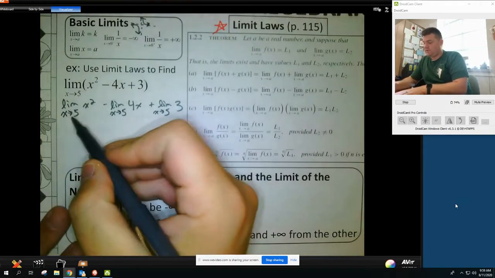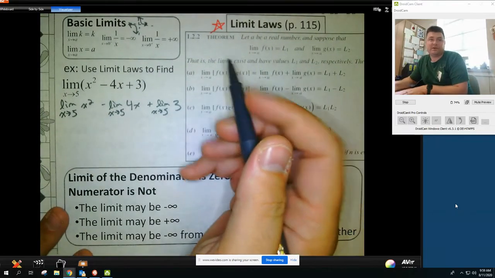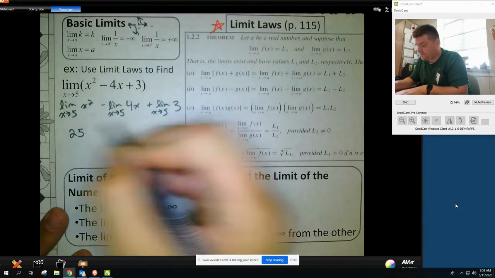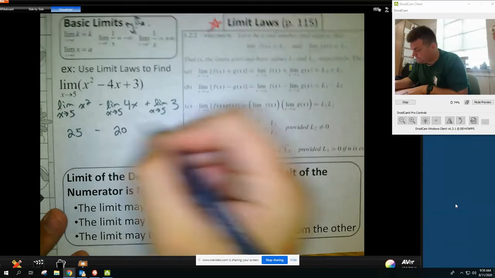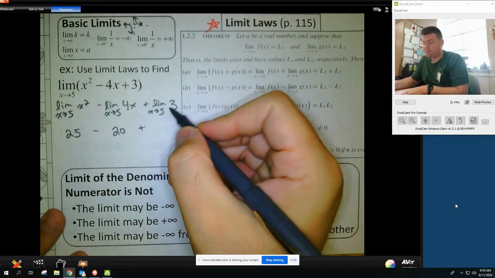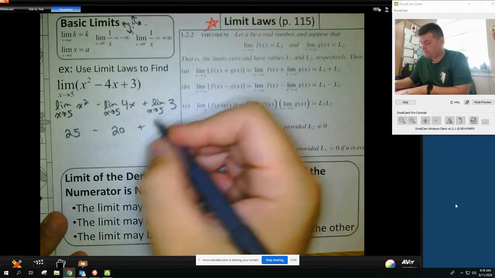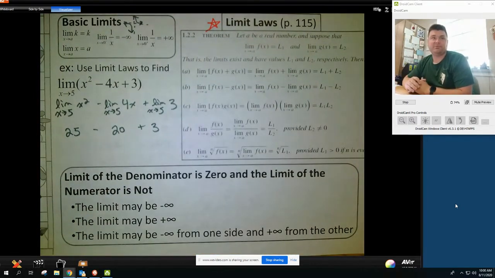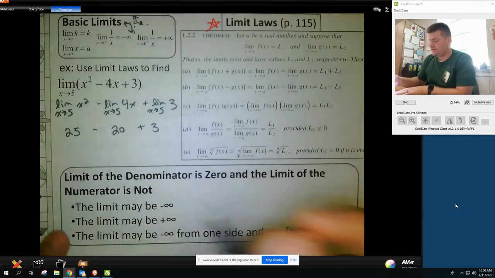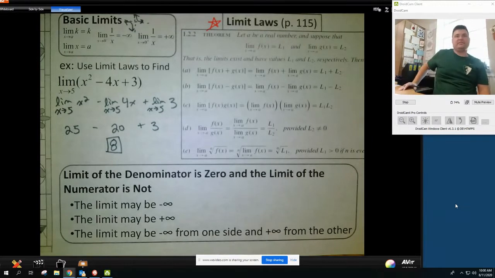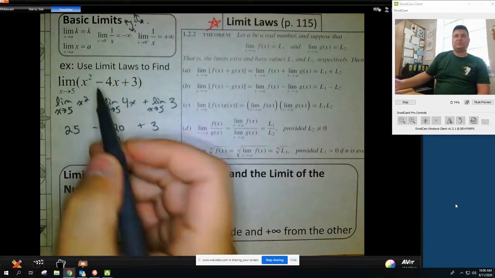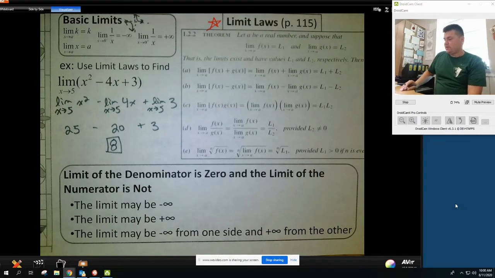So from here, you can just plug 5 right in. 5 squared, 25, minus, plug 5 right in, 20, plus, it's constant, don't need to plug anything in. It's just going to be a big old 3. So 25 minus 20 plus 3 is 8. And that's how you use limit laws. Just make sure when it says use limit laws, you actually show the work. Even if it says show all work, same thing. You have to show the work for the limit laws.